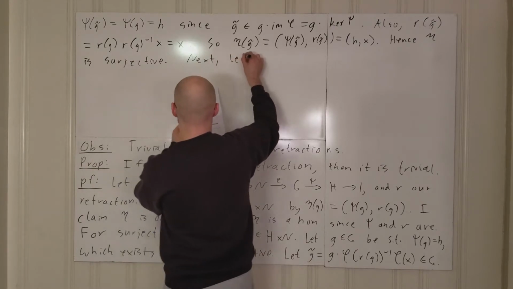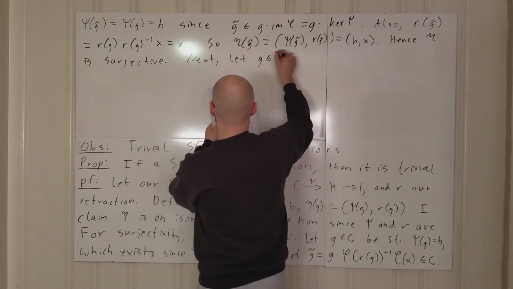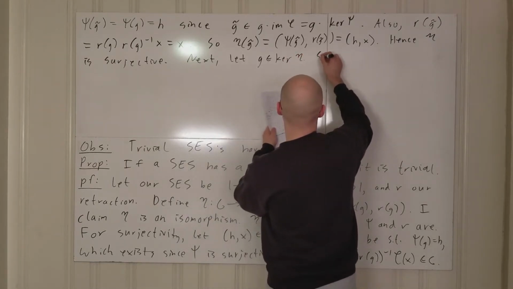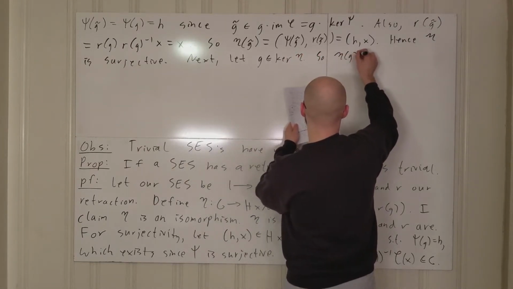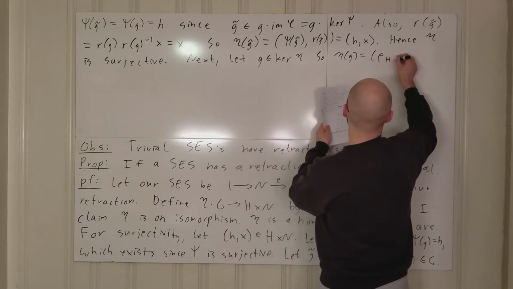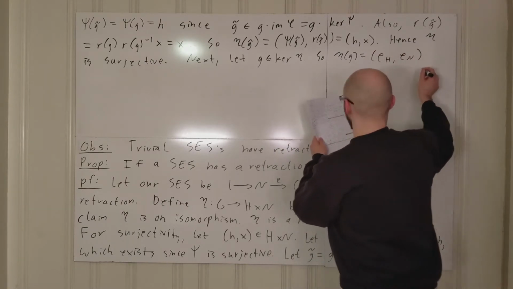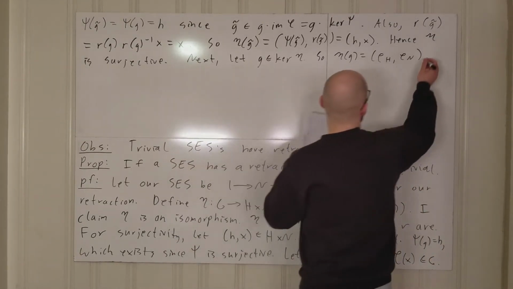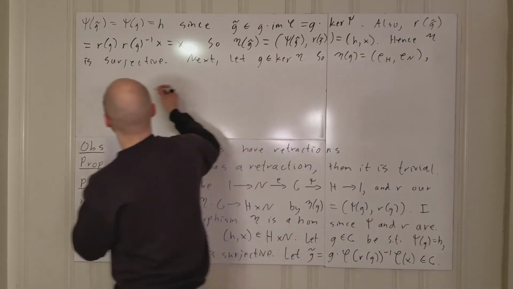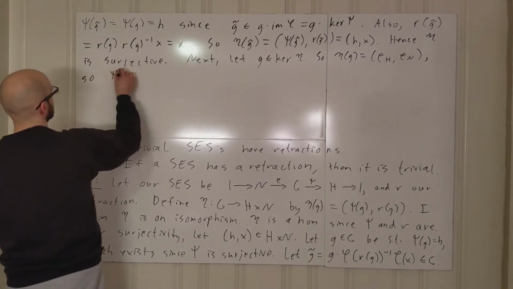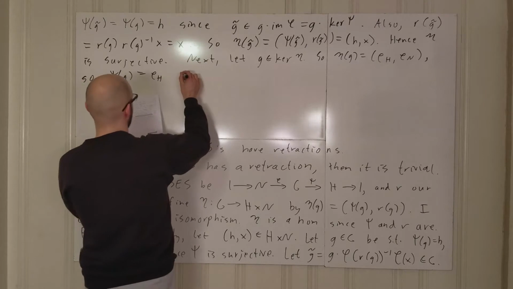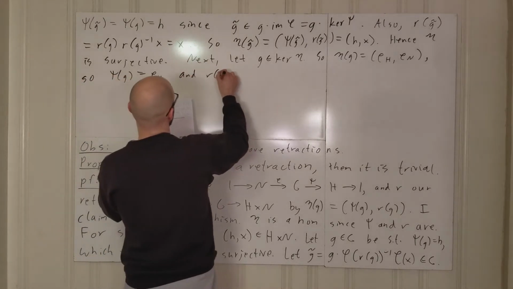Next, let g be in the kernel of eta. So eta of g equals (e_H, e_N), the identity in H and the identity in N. So psi of g is going to equal e_H, and r of g is going to equal e_N.